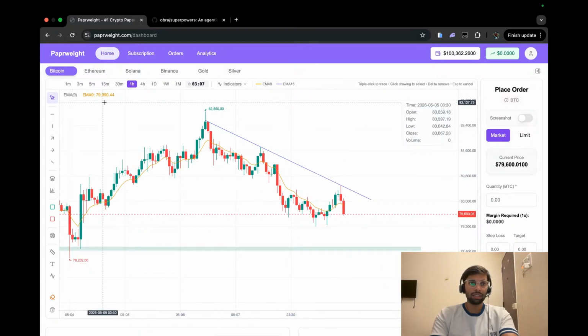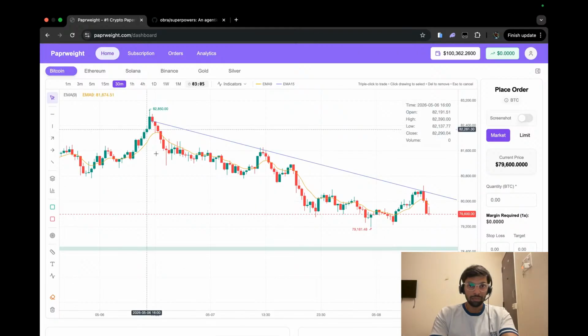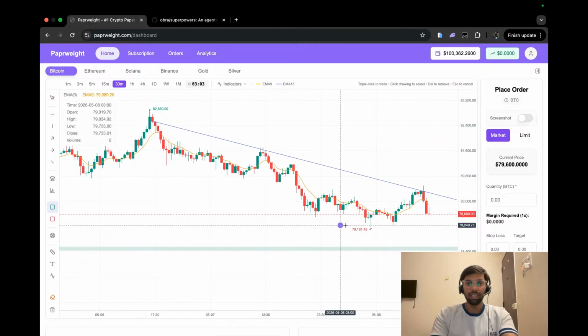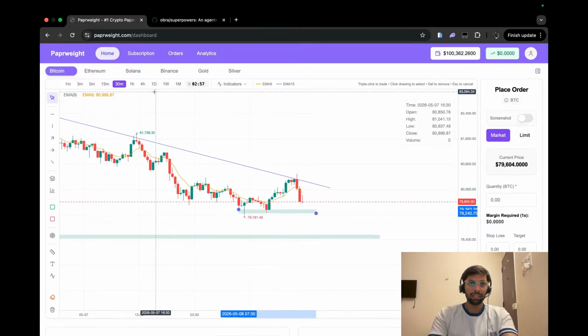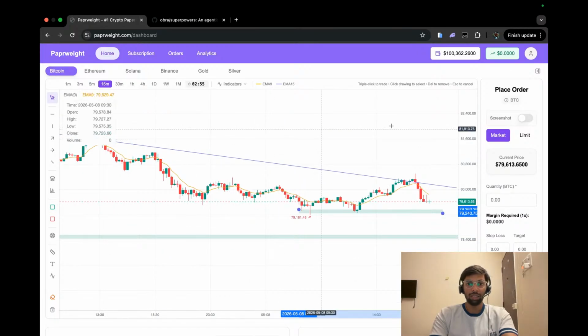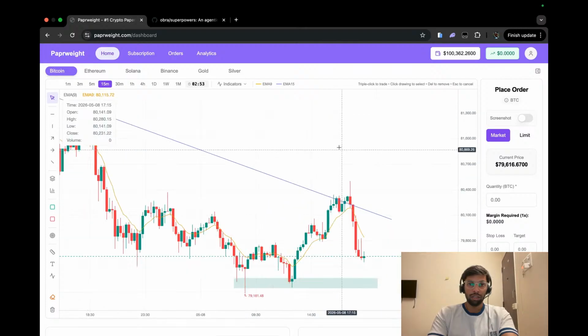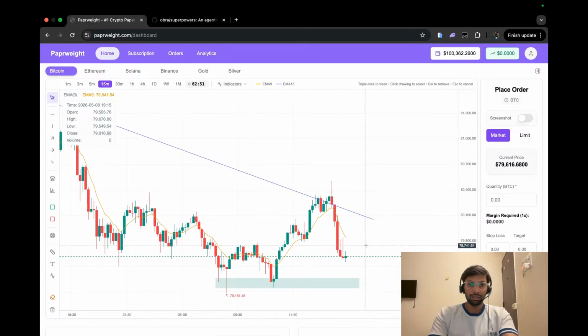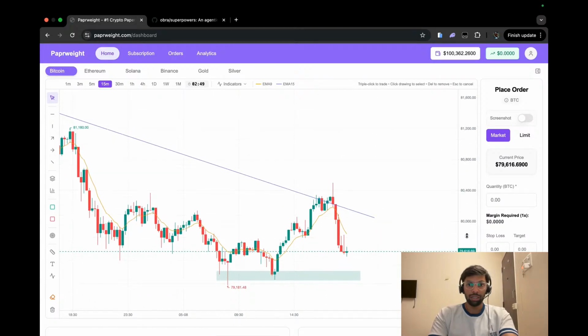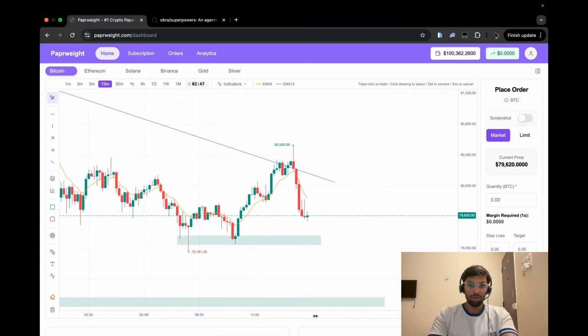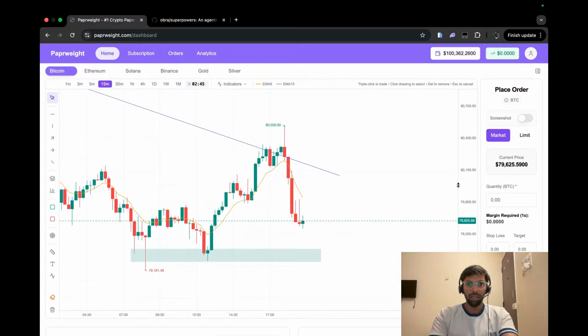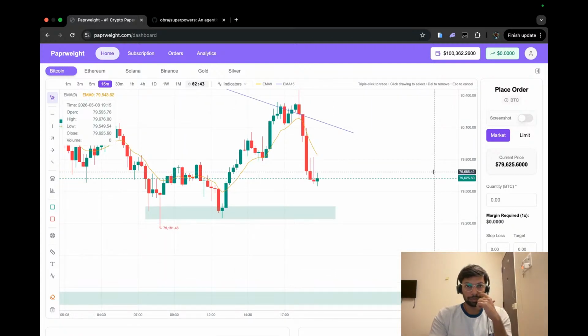The nearby buying area that I can see is at this area. There are multiple buying areas, so it's not easy for the market to fall, and we have to see how it is going to move in the next few minutes.